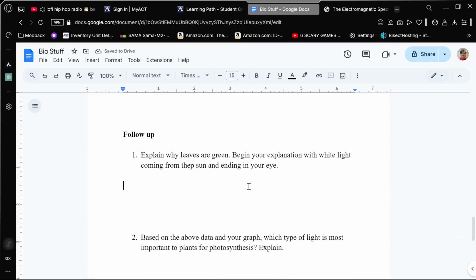Okay, explain why leaves are green. Because white light comes from the sun. This is going to be a very interesting answer, because I have not thought about this.